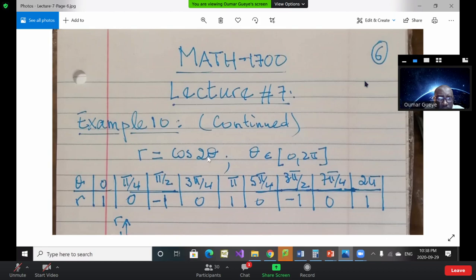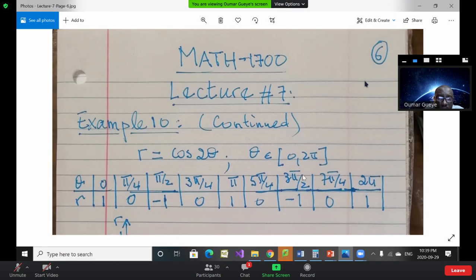At pi by 2, you substitute again, it becomes cosine of pi, which is equal to -1. At 3 pi by 4, after simplification, you will get cosine of 3 pi by 2, which is 0. At pi, you will get cosine of 2 pi, which is 1. When you substitute theta by 5 pi over 4, we'll get cosine of 5 pi over 2, which is again 0.